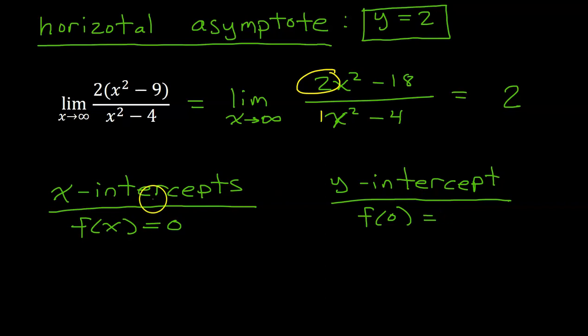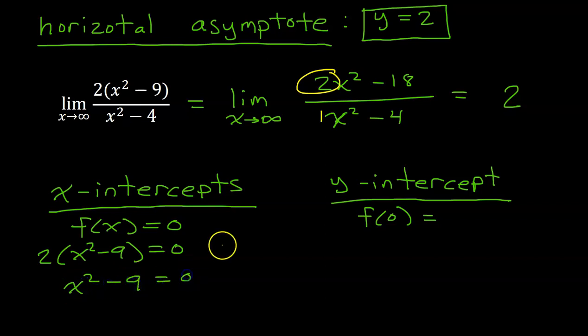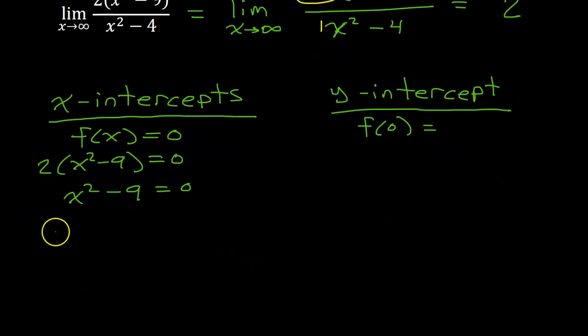To find the x-intercepts, you set the entire function equal to 0. Well, for a rational function, we're talking about a fraction. And when you set a fraction equal to 0, all you do is set the numerator equal to 0. So we're really just talking about 2 times x squared minus 9 equals 0. Dividing both sides by 2, that gives us x squared minus 9 is equal to 0.